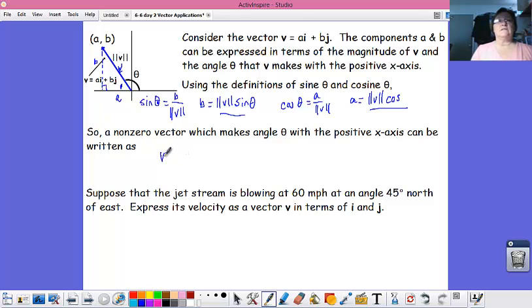So that vector could also be written this way: the magnitude of the vector times the cosine of theta in the i direction, the horizontal direction, plus the magnitude of the vector times the sine of theta times j, that's the vertical direction.